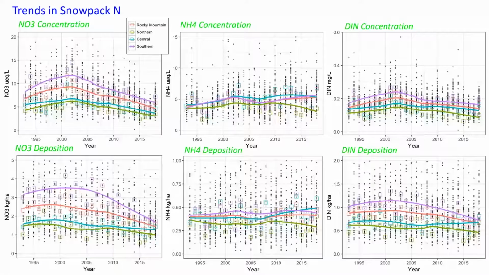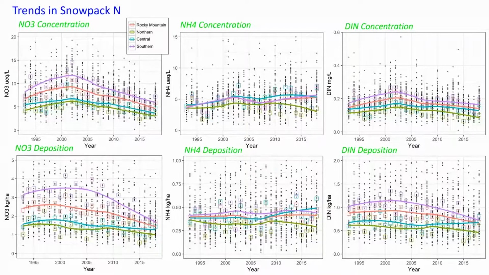I don't know if that plays into it at all, like we're potentially sampling earlier winter there than some of the other regions. But earlier in the period, the Northern Rockies was following a more similar trend to the other regions and then diverged. So it's definitely an interesting change.